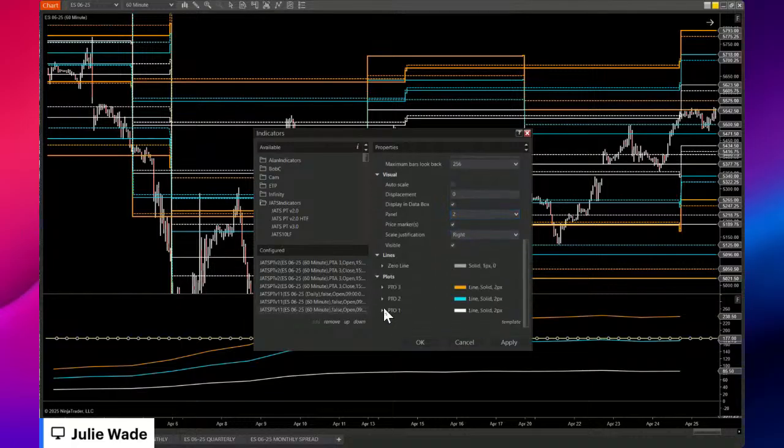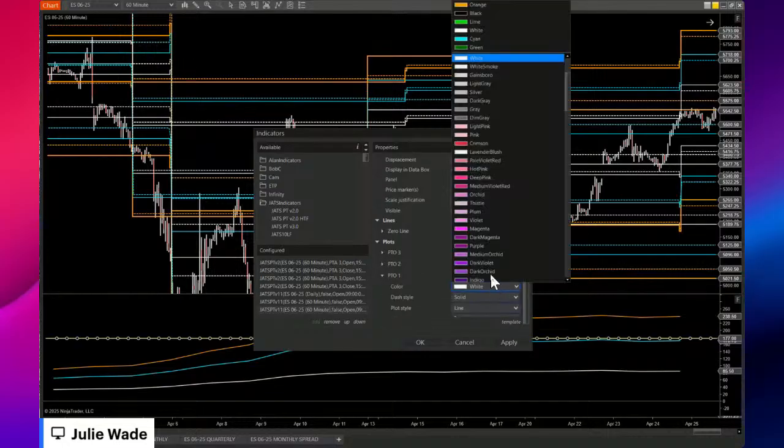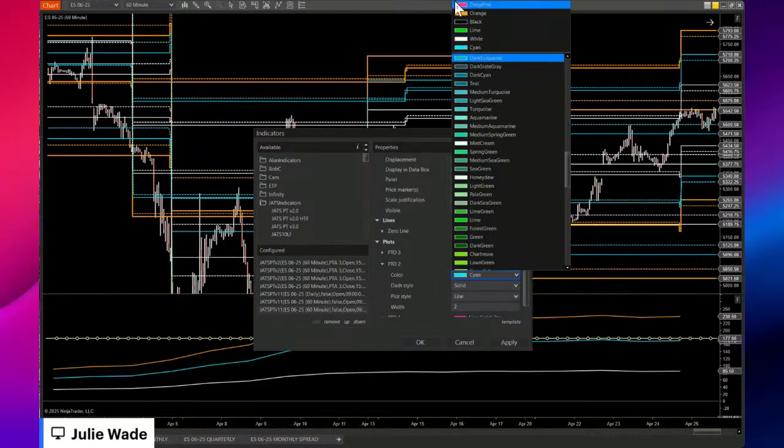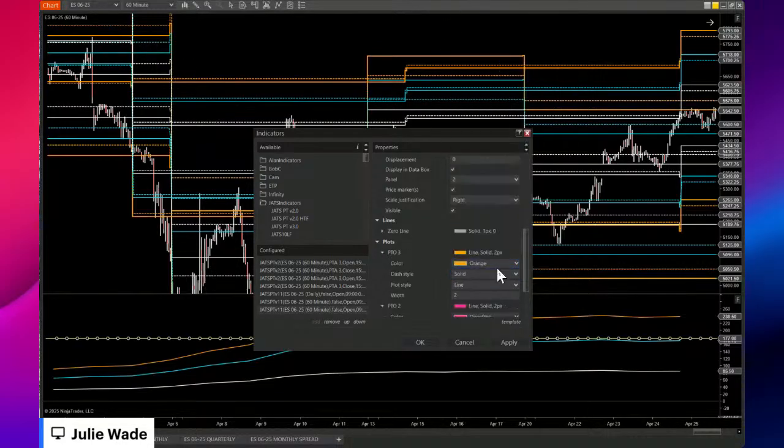And so that we can tell that it's the weekly 1, 2, 3, we can change the colors to like deep pink, and that way it'll stand out to us that we're looking at the weekly 1, 2, or 3.